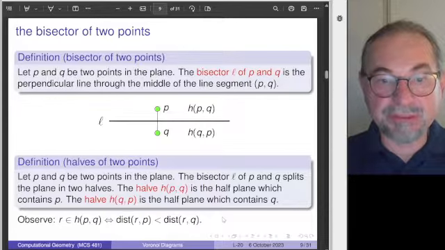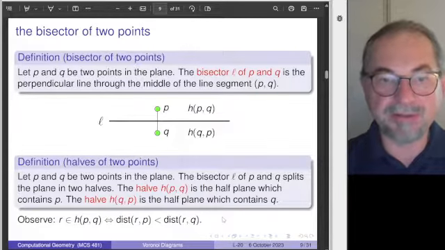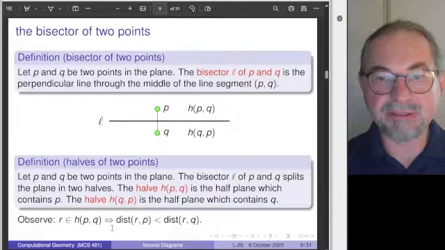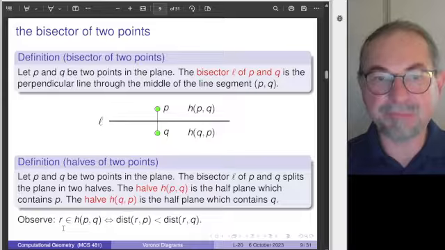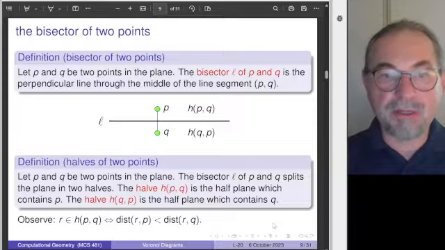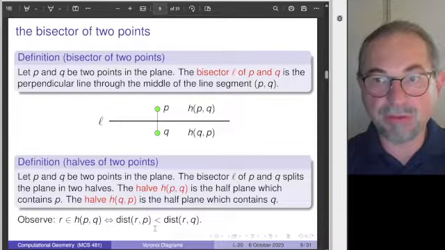Okay, so here the notation. The notation h(p,q) implies the distance. So if r is in the half plane h(p,q), then the distance to p is less than the distance to q. So in some sense, if you like, this is a sharp inequality.